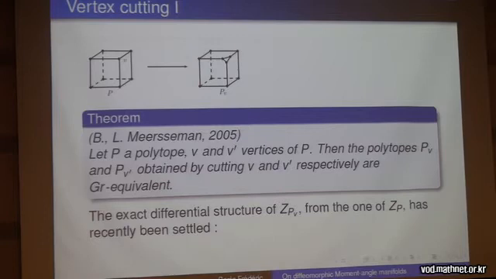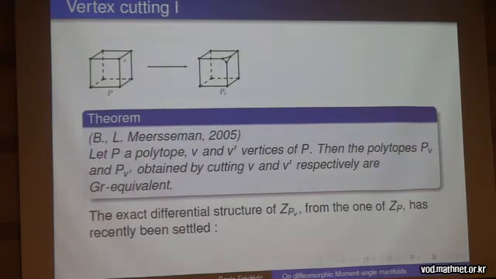In general, the polytope obtained may depend on the vertex that we cut. This is not the case for the cube because it's homogeneous: the automorphism group acts transitively on vertices, but this is false for a generic polytope.